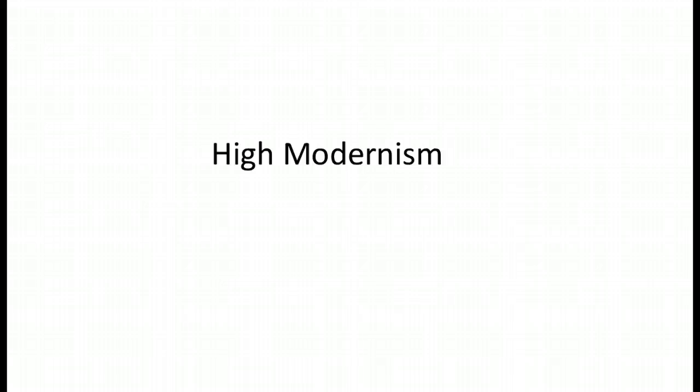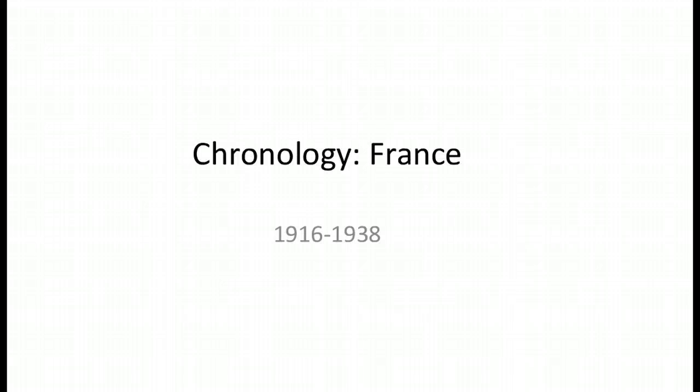So, all of that said, today we're going to be talking about what happened after the First World War, and we're going to be looking pretty specifically at France and at Germany. And here you can see the France chronology as it is set up. We're going to be talking about work from 1916 to 1938.